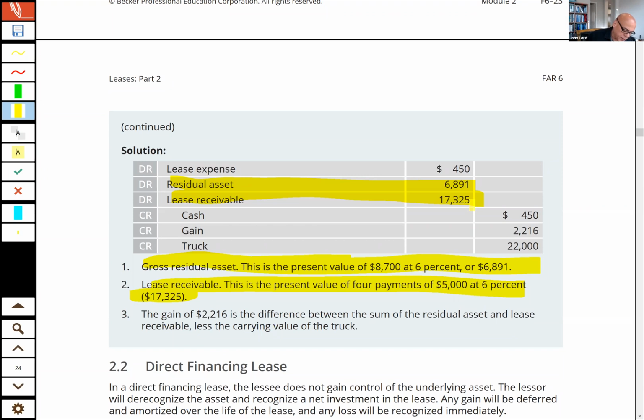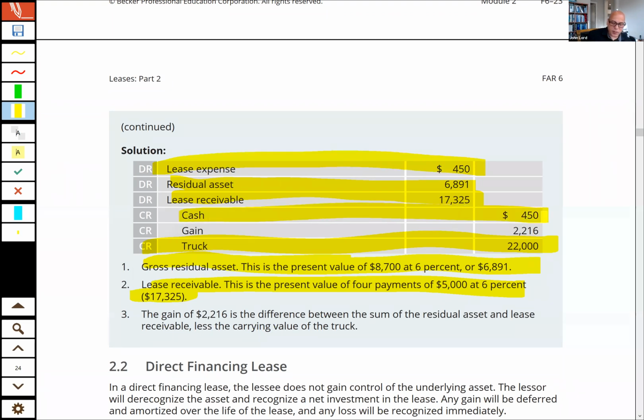Now you look, they take the truck off at its book value. If there was depreciation and the original cost of the truck, I guess you'd have to do that journal entry where you debit the accumulated depreciation and credit the truck for its original cost. They're just taking it off at its book value there. And then since we're going to recognize a gain on this, we're going to expense all of those initial costs that we had to pay, that $450.